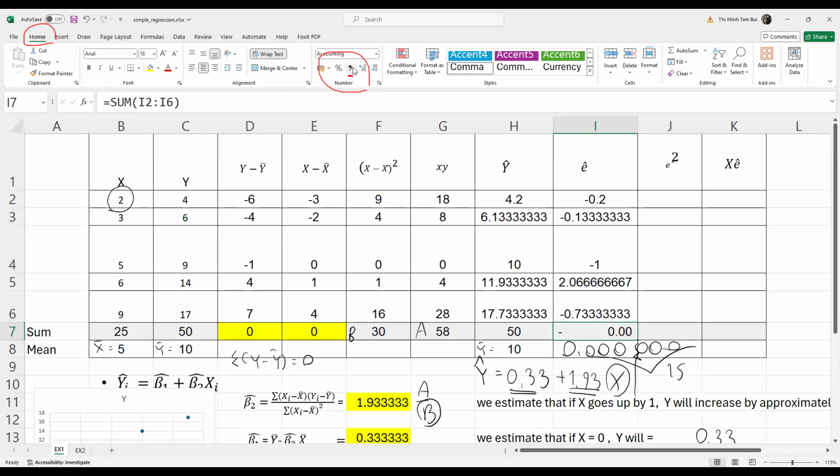The real data minus the one we forecast, that's what we call error. Enter. Then copy. Now we go to the corner, and then sum it.